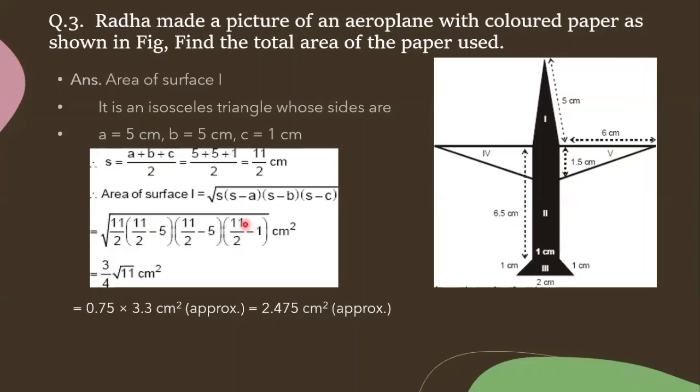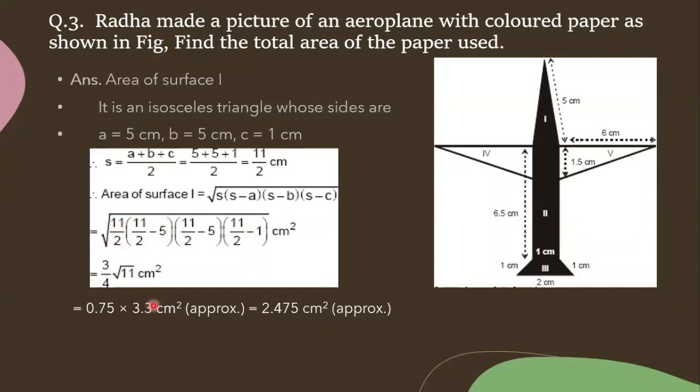Then here again, 11 by 2 minus 5 gives 1 by 2, which is 1 by 4, and taking the root, again 1 by 2 will come out. Here 11 by 2 minus 2 by 2 is 9 by 2. Root 9 is 3. This is how we got 3 by 4 root 11. This 11 will remain inside the root.